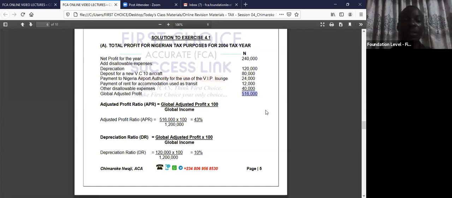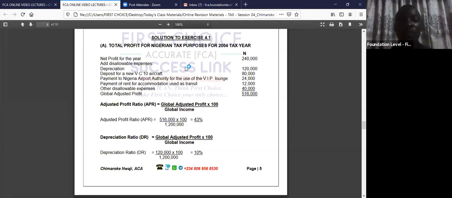So what do we do? Now that we've gotten our profit, which is the first step, the next step is to look for the adjusted profit ratio. So what's the adjusted profit ratio? You bring your global adjusted profit, which is this figure, divided by the global income.